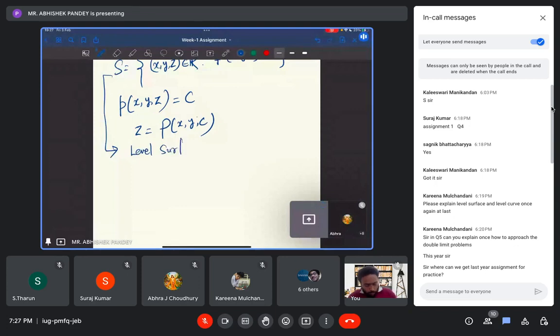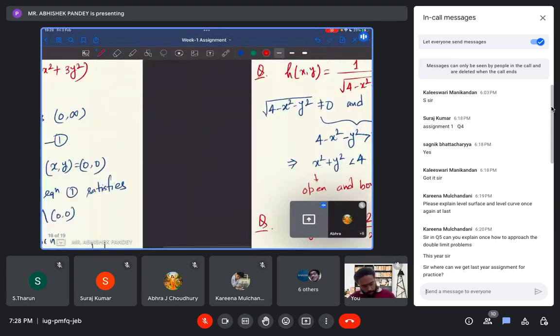Like if I talk about the function f(x, y, z) equal to x square plus y square minus z, I have already mentioned this, I think.